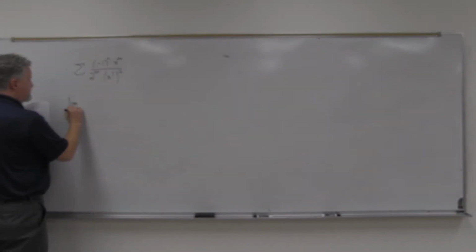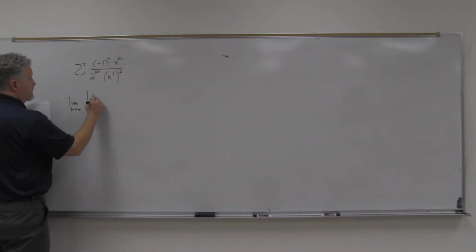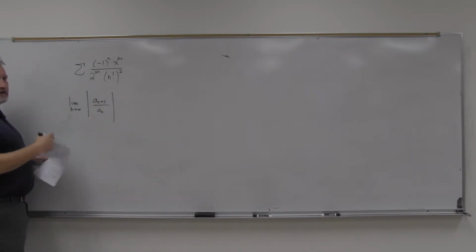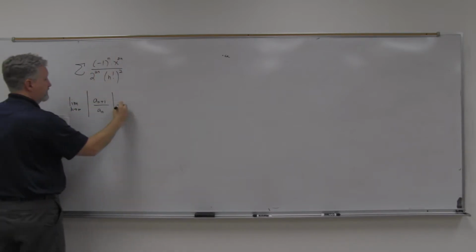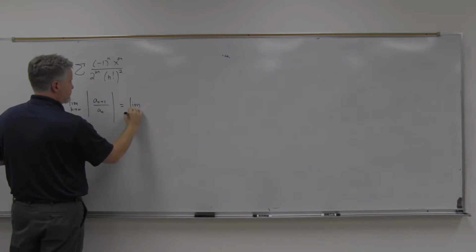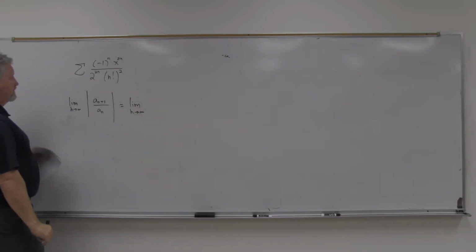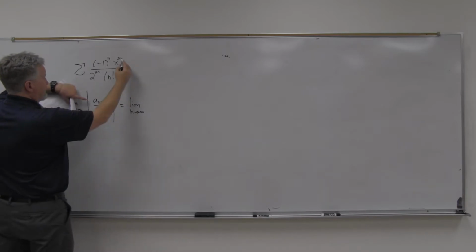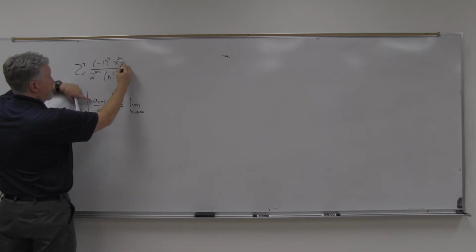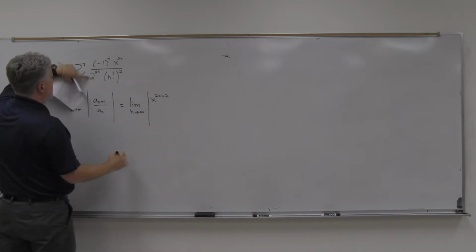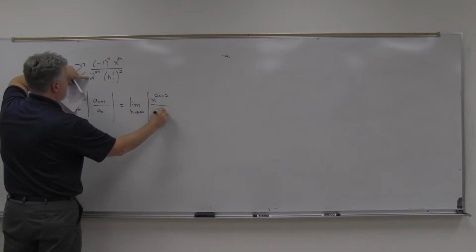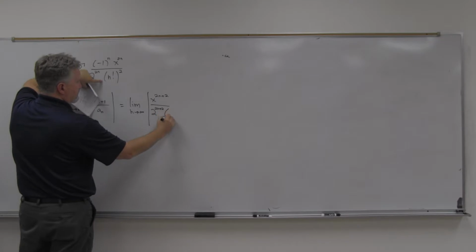So again, start with your ratio test. And the good news on this one is we are talking absolute value, and so the alternating signs part, we can take that out. But the rest of it, the n plus 1 term would be x to the 2n plus 2, also 2 to the 2n plus 2, and then n plus 1 factorial squared.